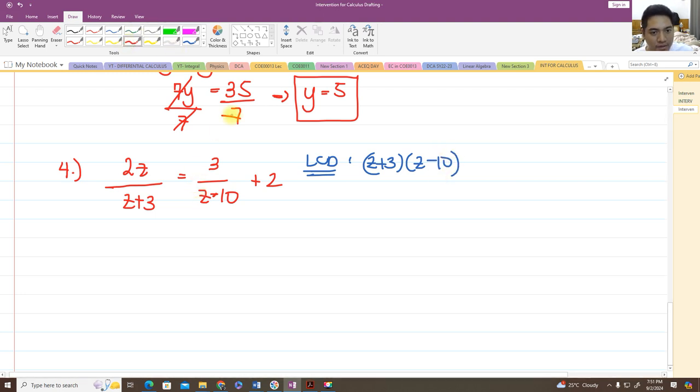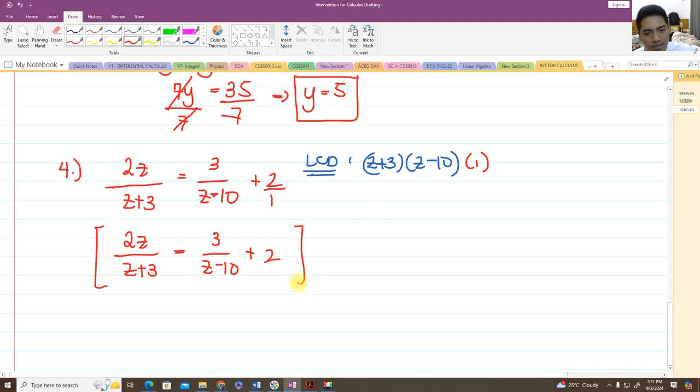Of course, we also have 2 here, and we can add 1 here, but still it's (z plus 3)(z minus 10). I have to multiply the whole equation by the LCD to cancel the denominator. So you have (z plus 3), then (z minus 10).